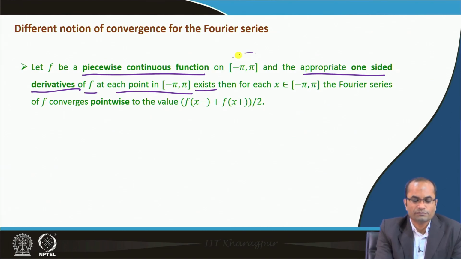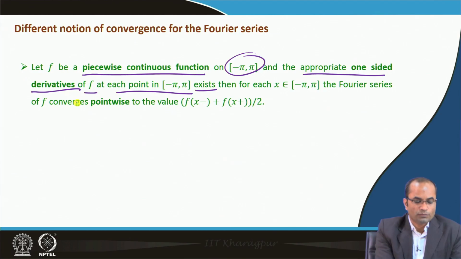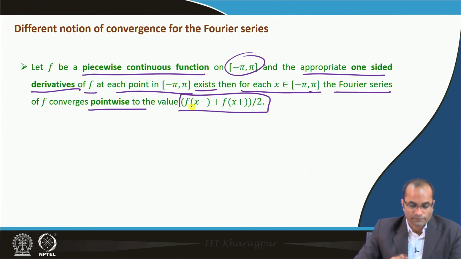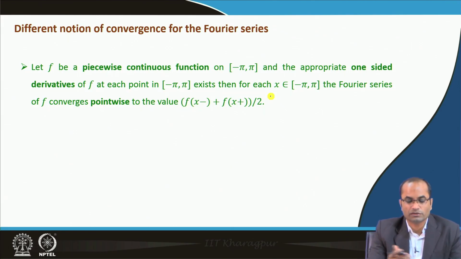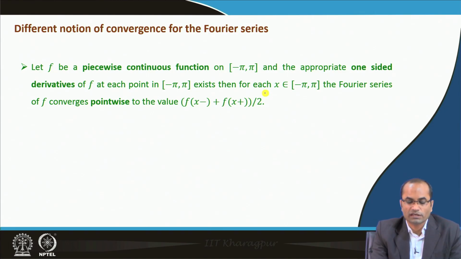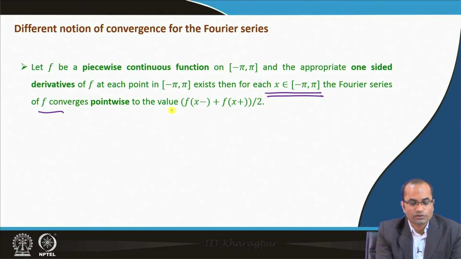Here, just for simplicity, we are taking minus pi to pi, but we can always take a more general interval from minus L to L. Then for each x in this interval the Fourier series converges pointwise to the average value of the limits. This was exactly the Dirichlet theorem we have discussed, and there we have pointwise convergence, because for each fixed x, the Fourier series converges to this value.